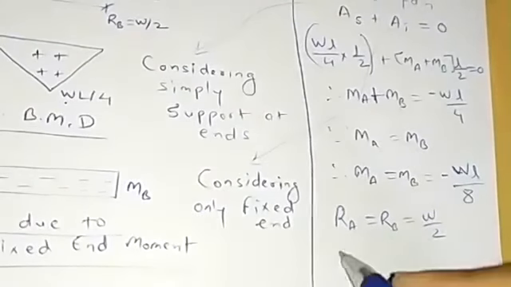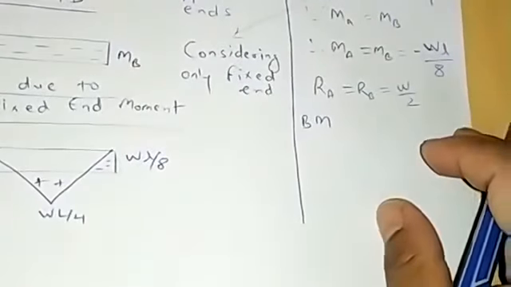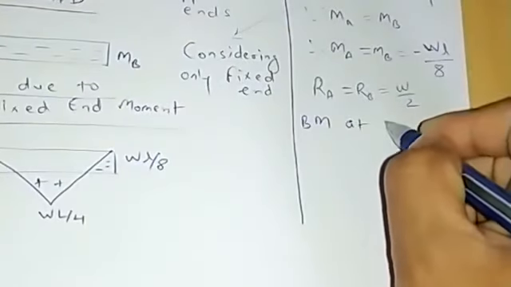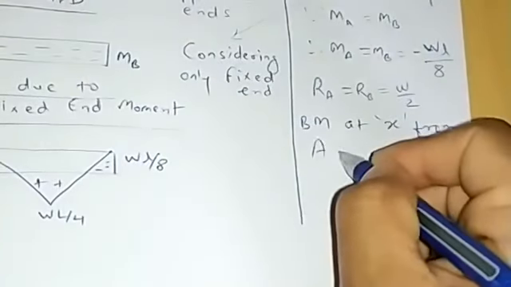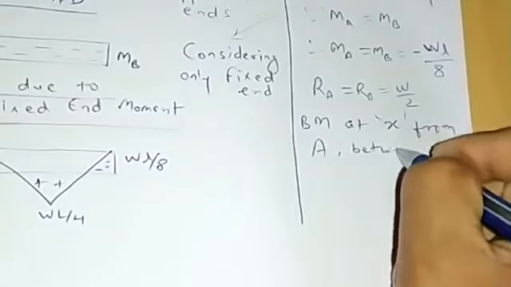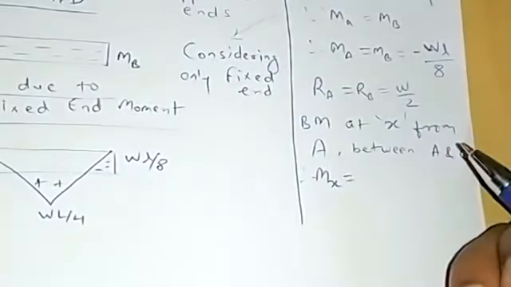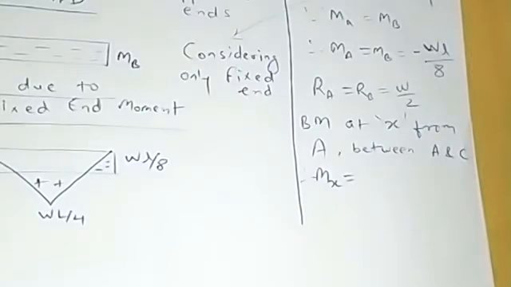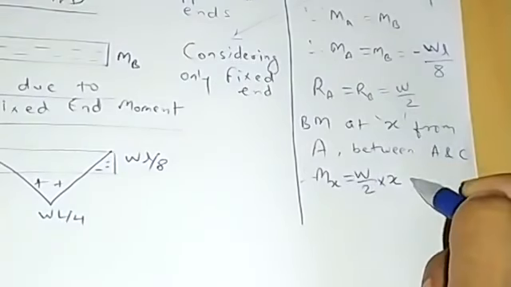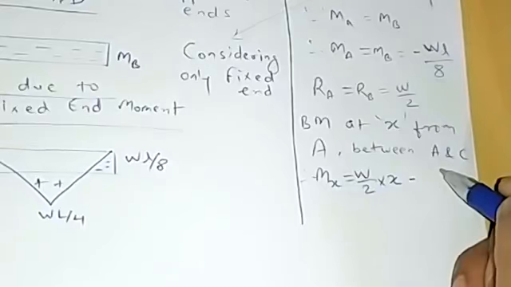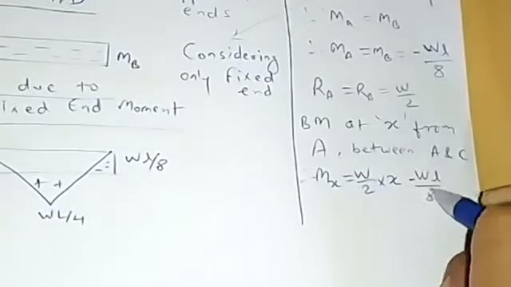So now consider the bending moment at X from point A, between A and C. We will get Mx equal to W by 2 into X, and then minus WL by 8.